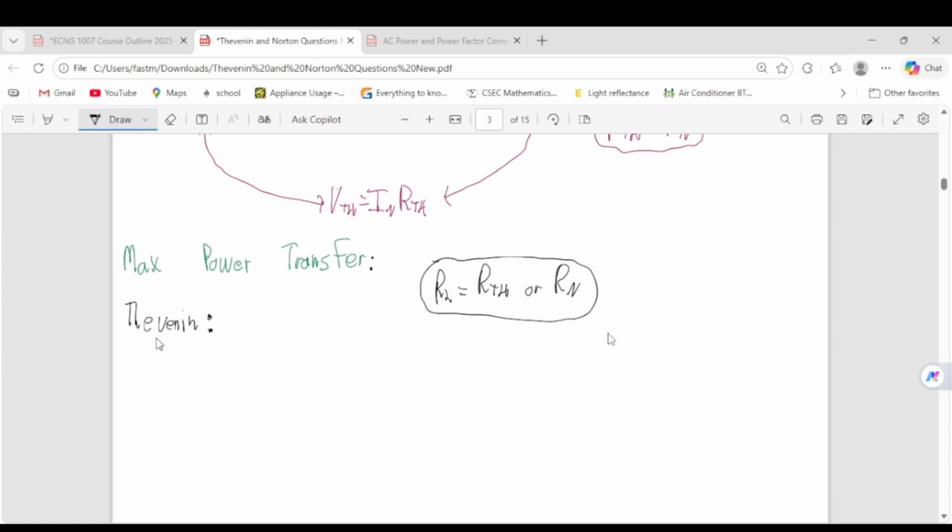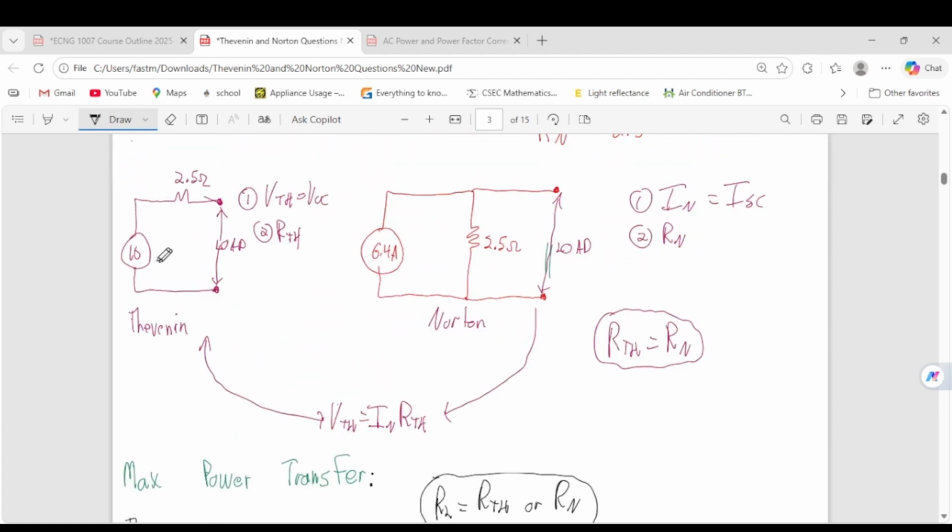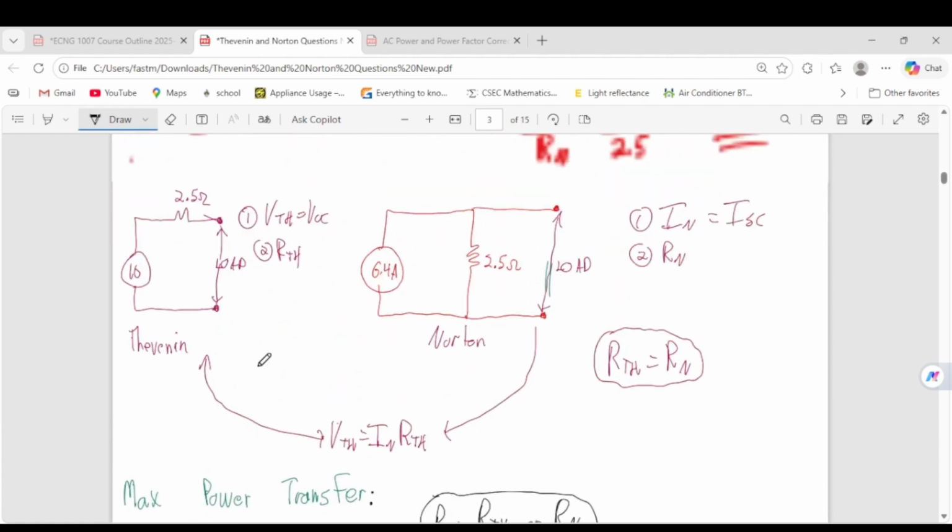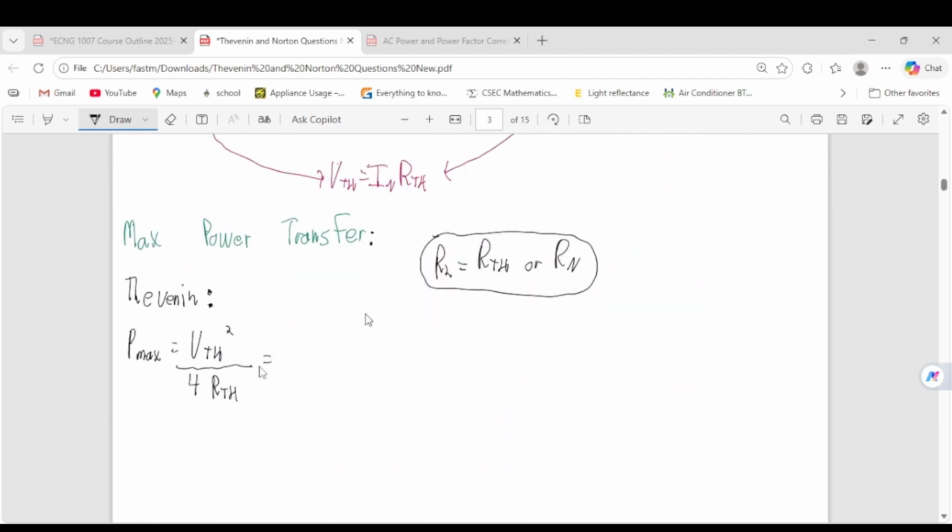So for the Thevenin equivalent circuit, the Pmax is basically V Thevenin voltage squared divided by 4 RTH. So on top here, it will be 16 squared divided by 4 times 2.5, right?